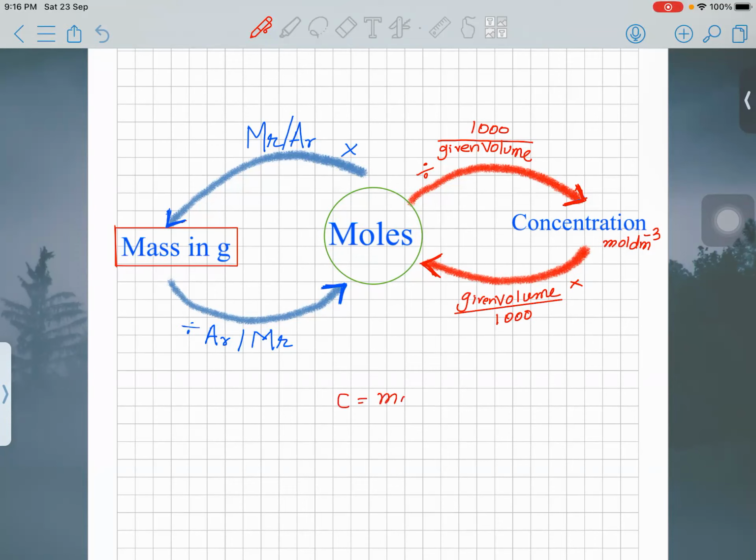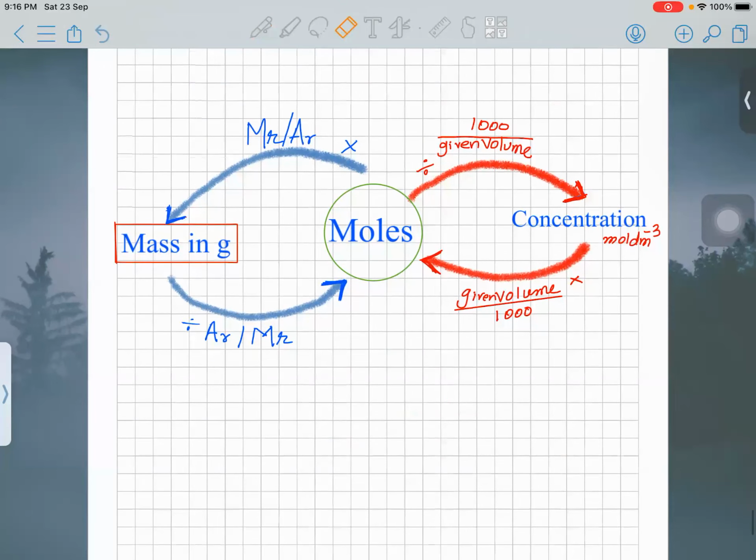Concentration is equal to mole over volume multiplied by 1000. So when you multiply concentration by volume and divide by 1000, you will get the mole again.